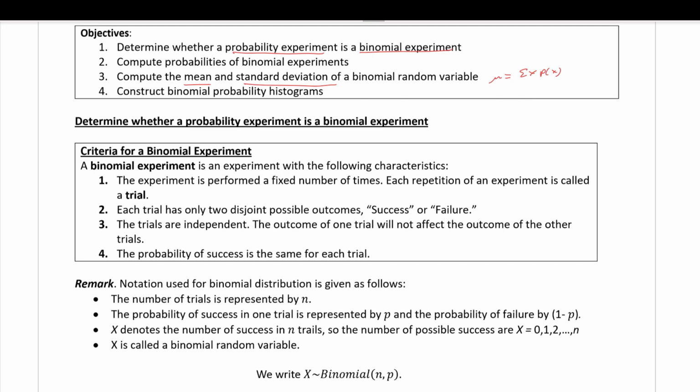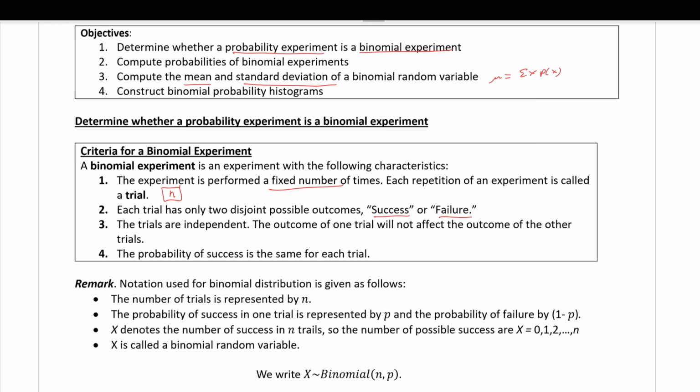So a binomial experiment is an experiment with the following characteristics. The experiment is performed a fixed number of times. Each repetition of the experiment is called a trial. And we denote the number of trials with the letter n. Each trial has 2 disjoint possible outcomes, either a success or a failure.